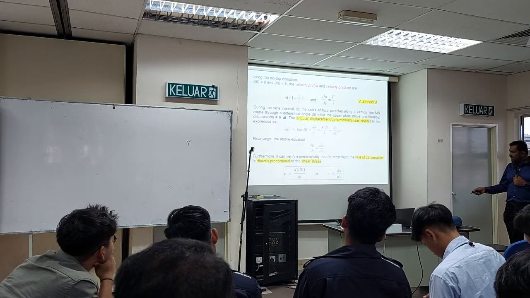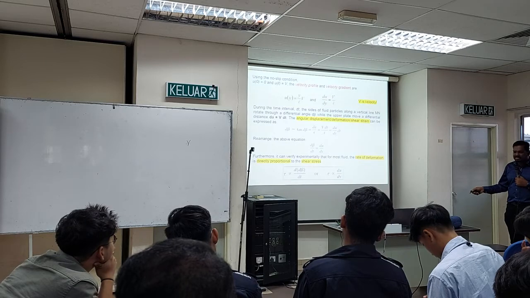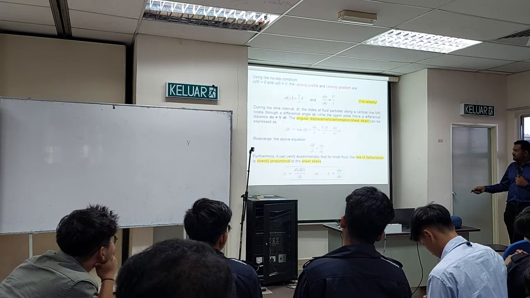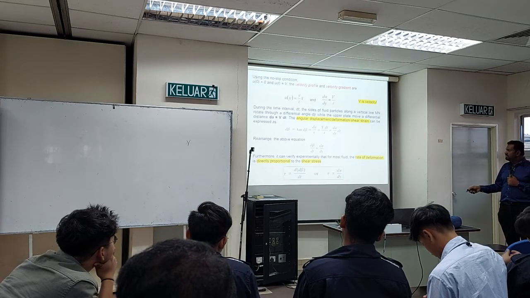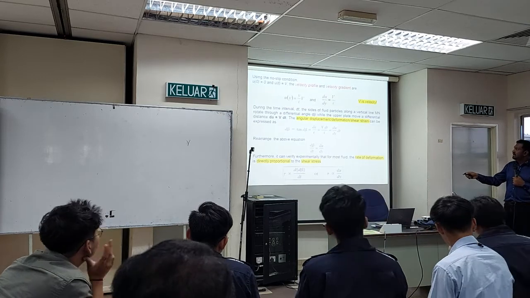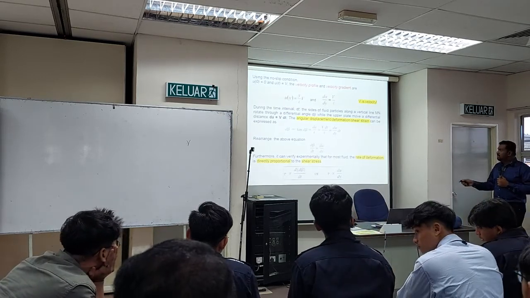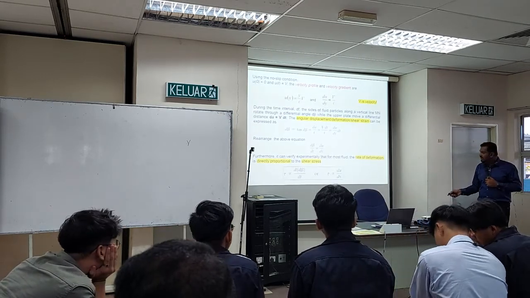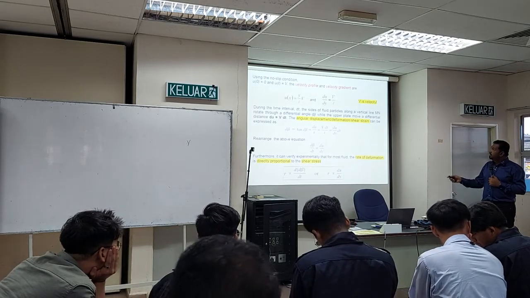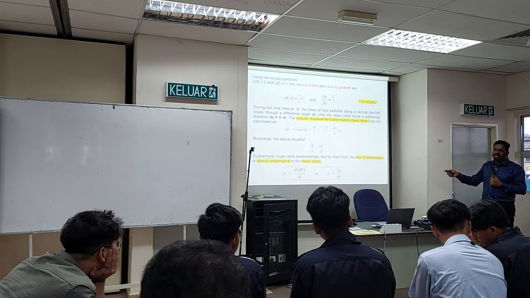Okay, so you ada, yang ni adalah shear stress, symbol tau is directly proportional to rate of deformation. So maksudnya yang ini adalah rate of deformation. Du over dy adalah rate of deformation, ataupun kita panggil juga as velocity gradient.